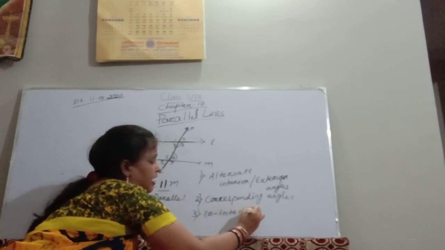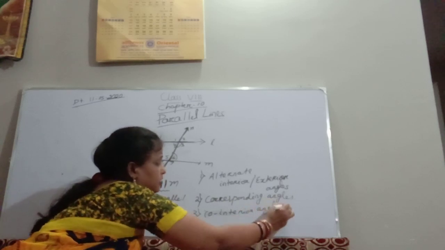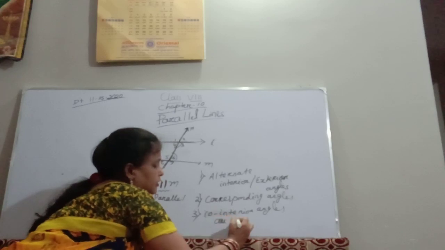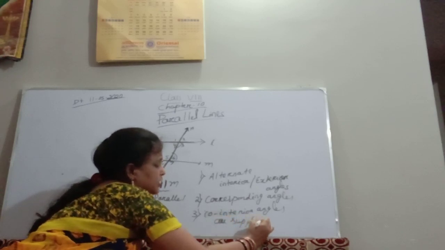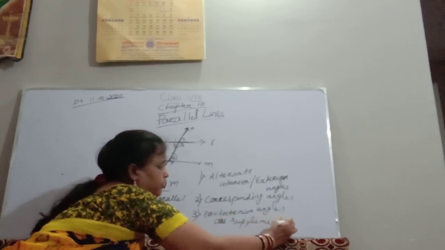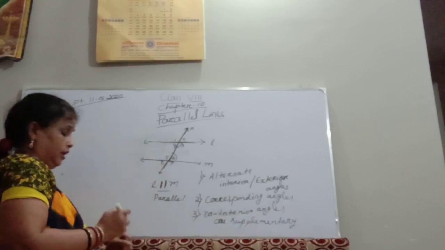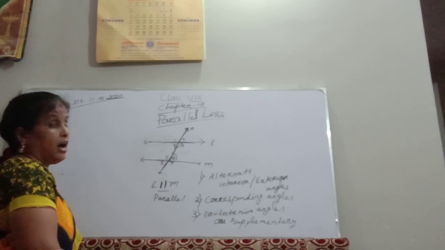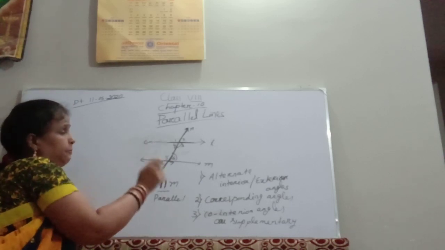Co-interior angles are supplementary. This is the third condition. So these three things are very important. These are the conditions for knowing the two lines are parallel.